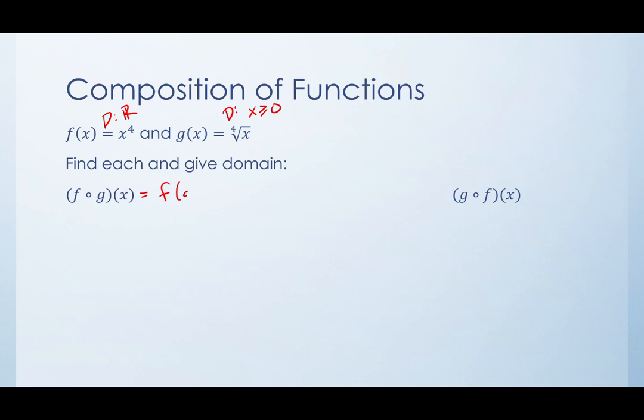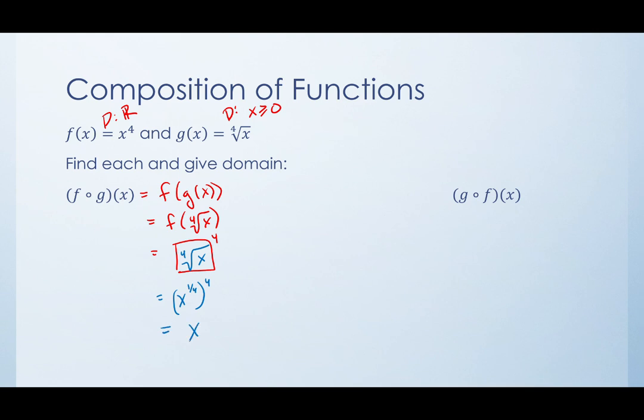So what do we have here? We've got f of g of x. So we've got f of the fourth root of x. That means we've got something to the fourth power, and we're going to plug in that fourth root. And guess what? The fourth root, sorry, is the same as the 1/4 power, raised to the fourth.